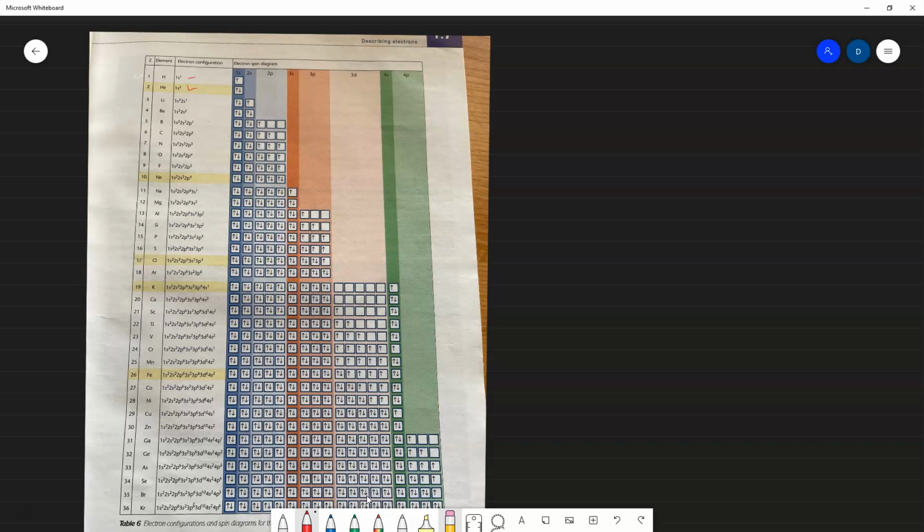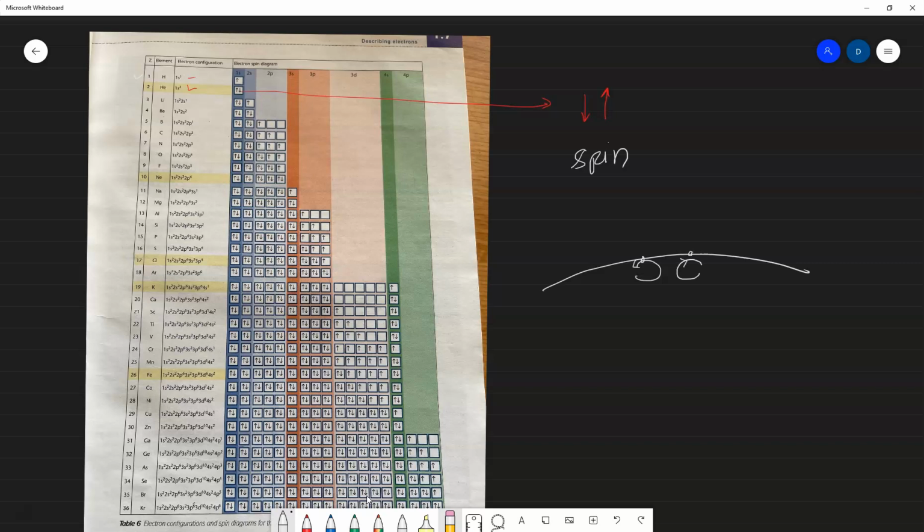Next is helium, 2. So the arrows here mean there are 2 electrons, one up and one down. I'm going to introduce a few words here. It's called spin. When I say this S subshell has got 2 electrons, one electron will be spinning clockwise, another will be spinning anti-clockwise.